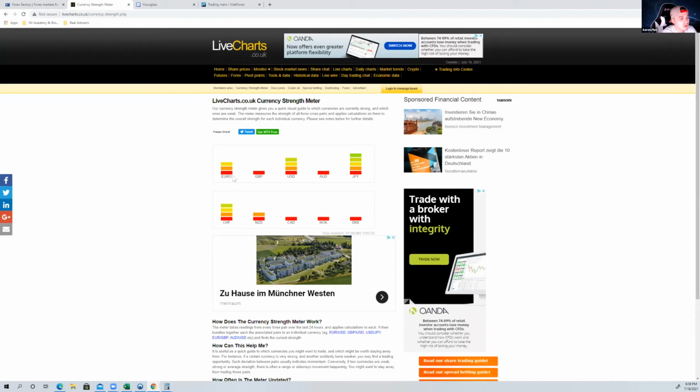Anything below 2 bars, it's going to be in a downtrend. Now, usually the rule of thumb is that you want to trade CHF versus CAD, CHF versus GBP, CHF versus AUD, and USD versus CAD, USD versus GBP, USD versus AUD, and then obviously the pumper against the losers: JPY AUD, JPY GBP, JPY CAD.